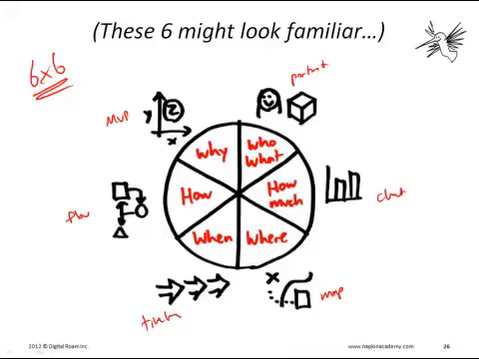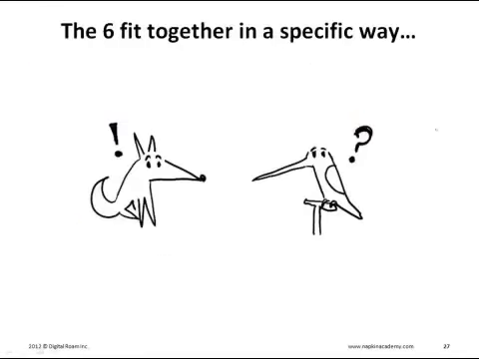And now what you're going to see is the reason why I like vivid grammar so much: it is built on the same neurobiological tools that we've already become familiar with in creating our simple pictorial representations of complex ideas. Now what we're going to do is provide a direct linkage of this tool back to what we already learned in verbal grammar. The 6 pictures are going to now fit together in a very, very specific way.